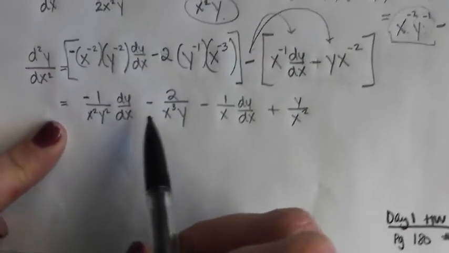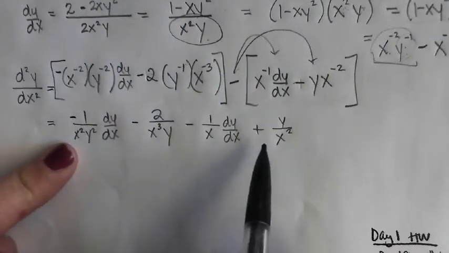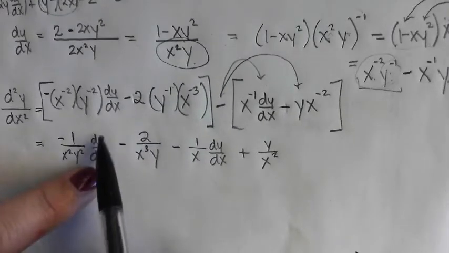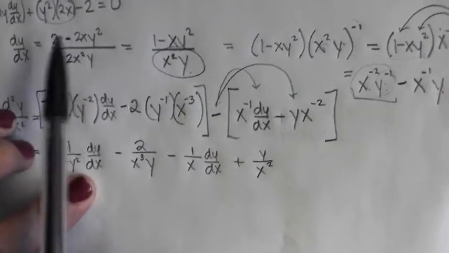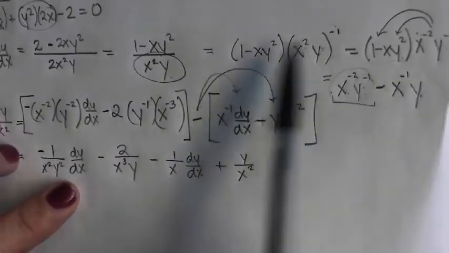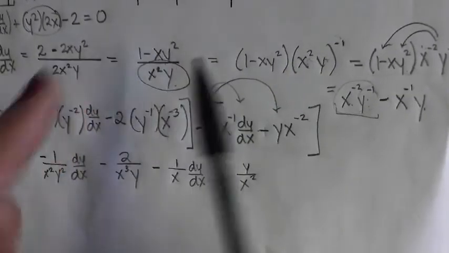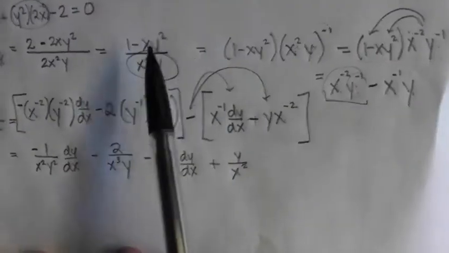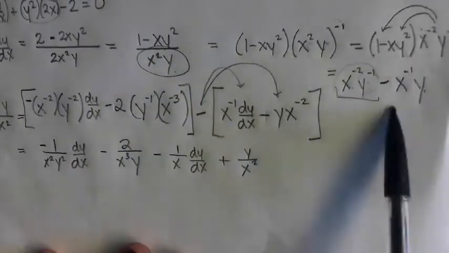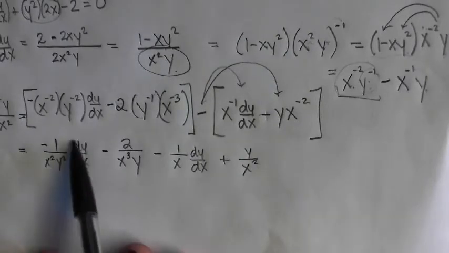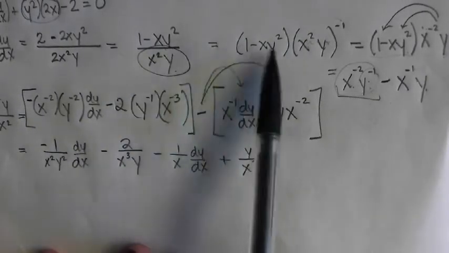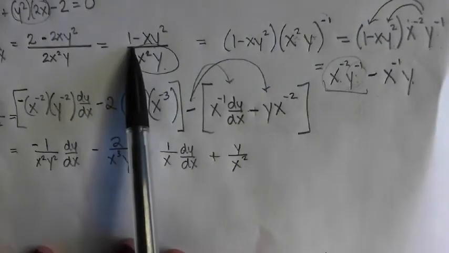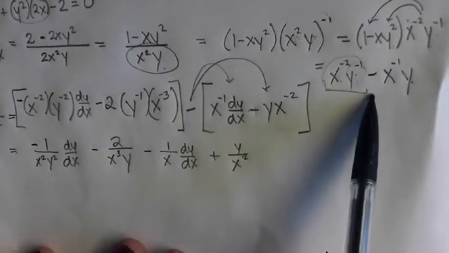So at this point, it's as good as I'm going to get. I'm ready to substitute in dy dx. Now, the version of dy dx that you plug in, you've got literally 1, 2, 3, 4 versions to choose from that all equal dy dx. Which one do you think will be easiest to go here? 1, 2, 3, or 4? 1. I think 1, 2. I don't want to reinsert negative exponents.